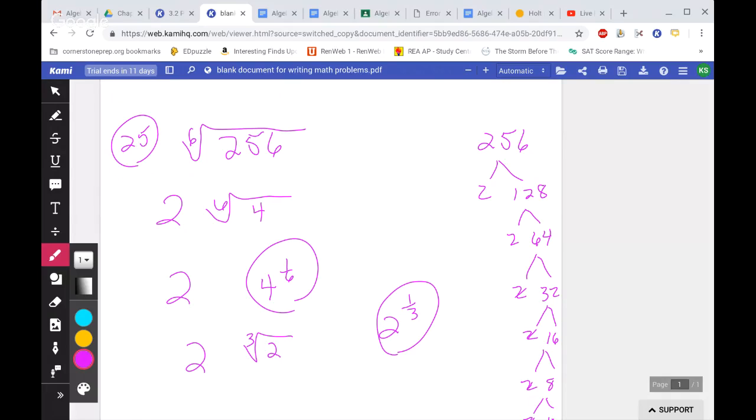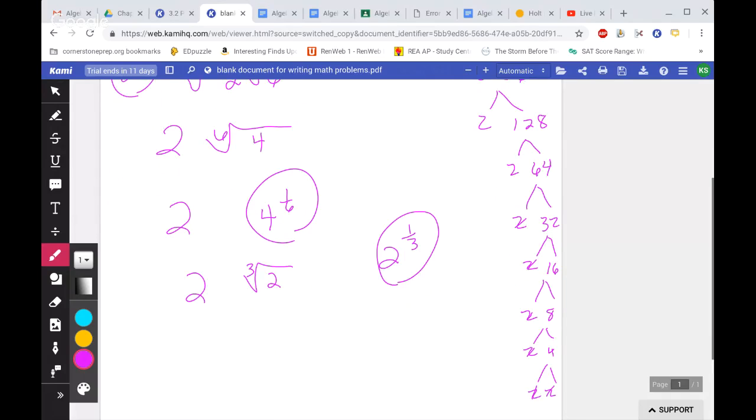Hang on, this is what I was praying about last night, was being able to communicate this well. Hopefully this will do it. And it's just fractions.